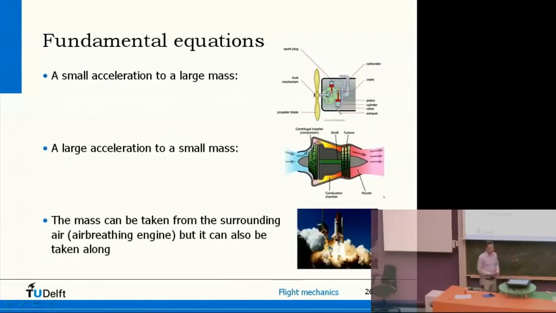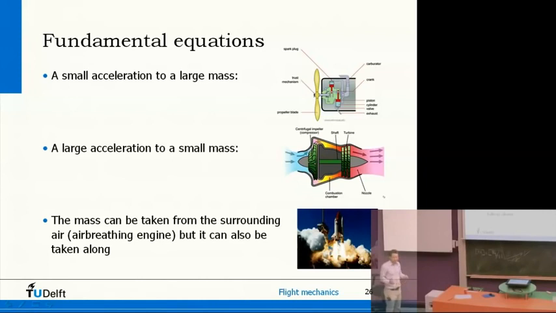Now, just to give you some examples, on the top here you see a propeller with a simple combustion engine like you have in general aviation aircraft. And that propeller is accelerating a large mass of air just a little bit. If you compare that to a jet engine, you know a jet engine makes a lot of noise, and that's basically because the air at the exit has a very large velocity.